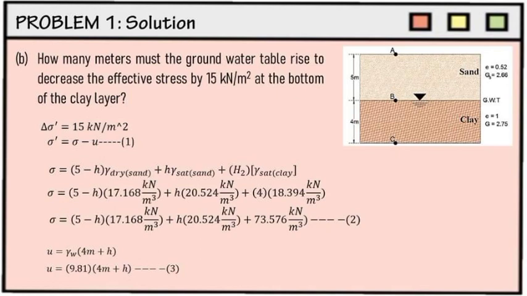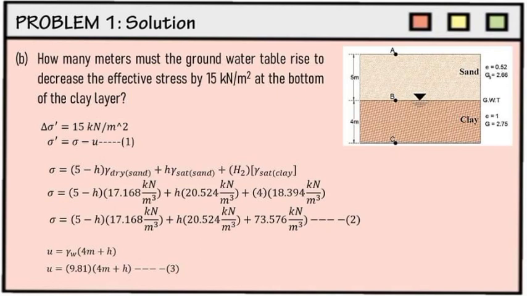And for stress is equals to 5 minus H multiplied by dry unit weight of sand plus H multiplied by gamma saturation of sand plus height 2 multiplied by gamma saturation of clay.